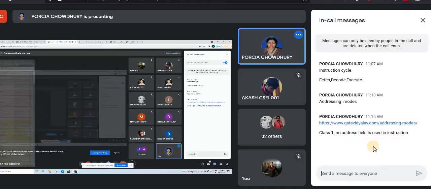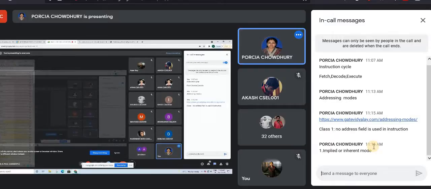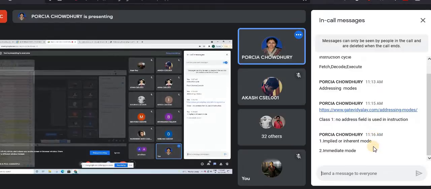Implied or inherent mode, that is the first one. The second one is immediate mode. And the third one is called stack addressing mode.